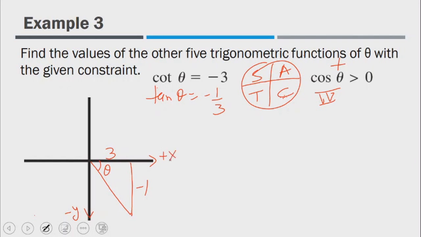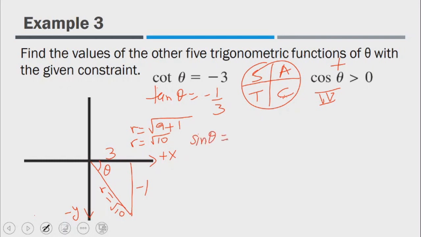Now we need to find the value of r. Using the Pythagorean theorem, r is going to be the square root of 3 squared, which is 9, plus negative 1 squared, which is just 1. So r is equal to root 10.